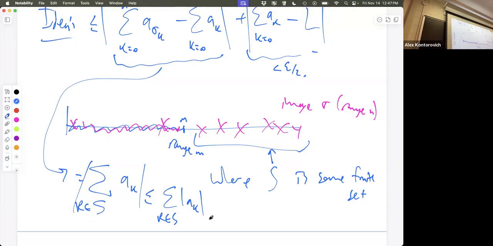Because since it's absolutely convergent, we know the terms a n must go to 0. We need much more than that, but you're so close. The sum over k in S over here is like the tail, but just a finite sum.